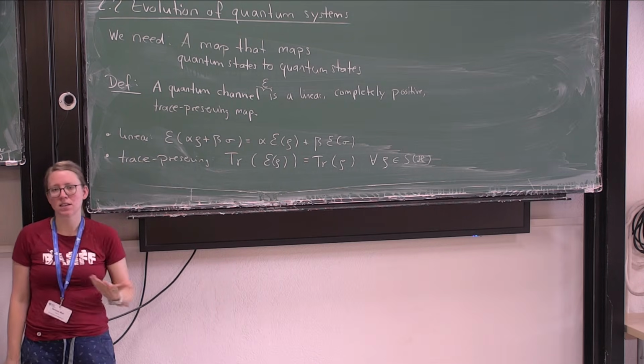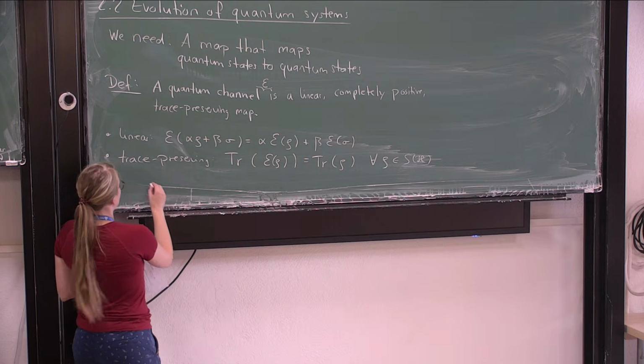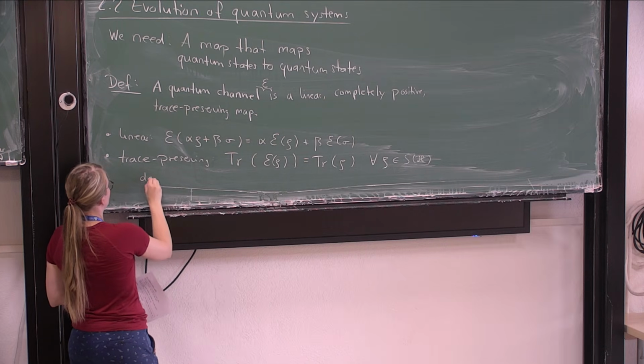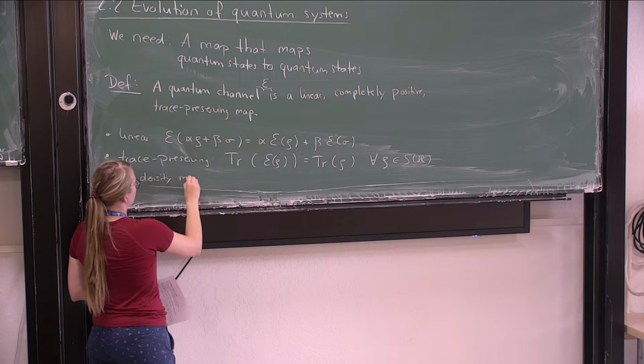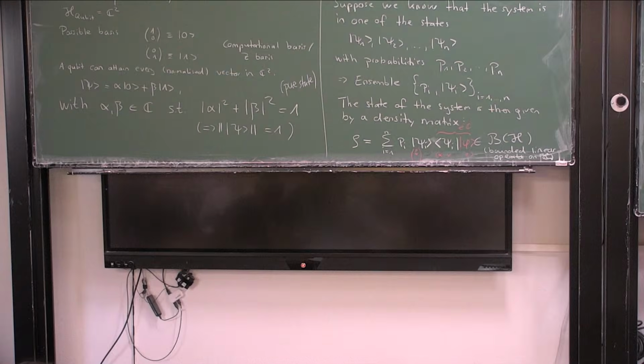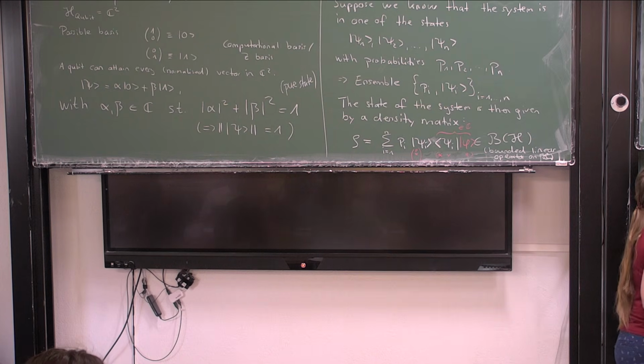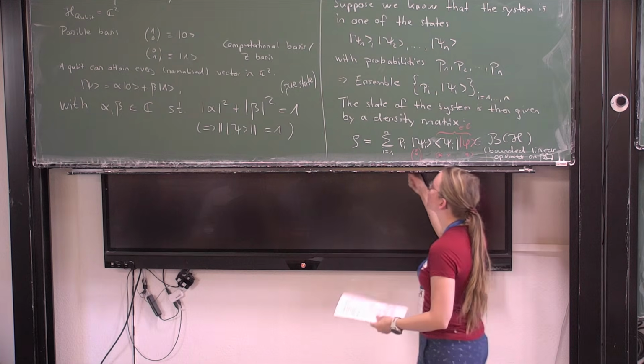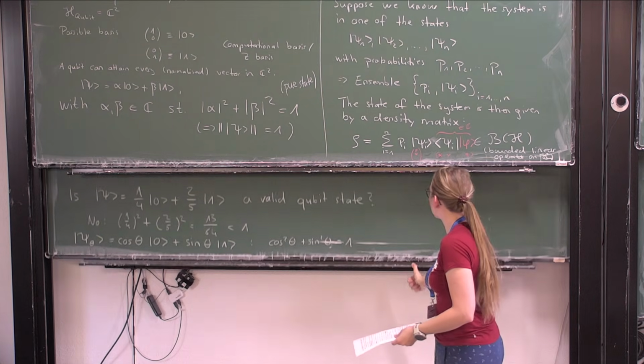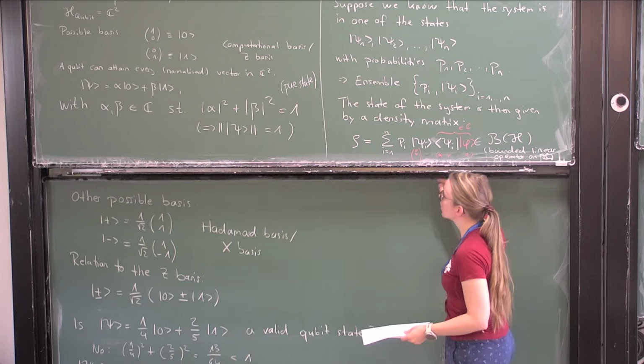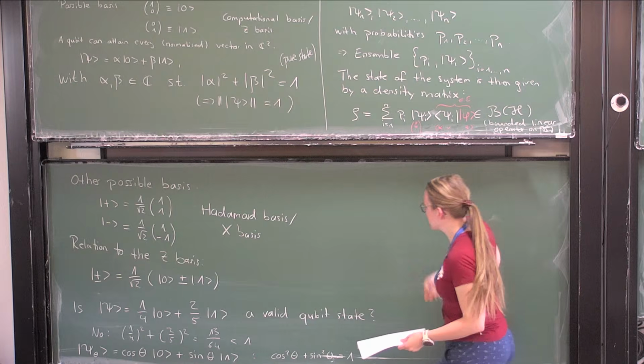So I always map to a valid density matrix. Then there's the complete positivity part.